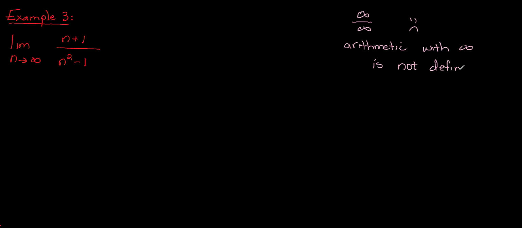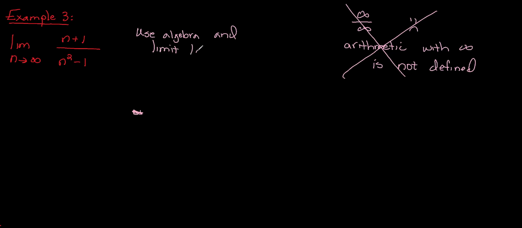So you can't go writing down infinity plus infinity or infinity divided by infinity. Is this infinity? Is it 1? So don't do that. What you do want to do is use some algebra and your limit laws to compute the limit. All right, so that's what we're going to do here.